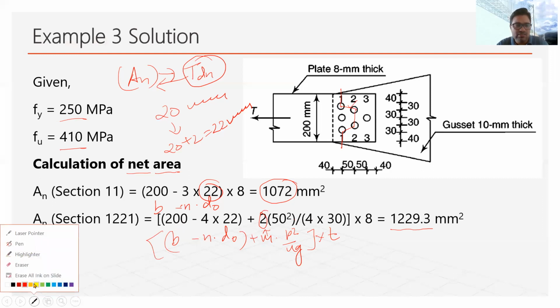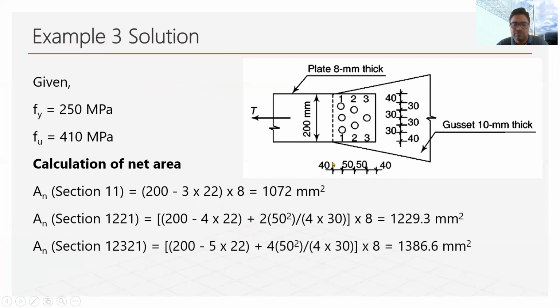There may be another path also, which is 1-2-3-2-1. First we have seen that the plate may fail along this path, then we have seen the plate may fail along this path, and now we are looking at the plate failing along this path, which is 1-2-3-2-1.